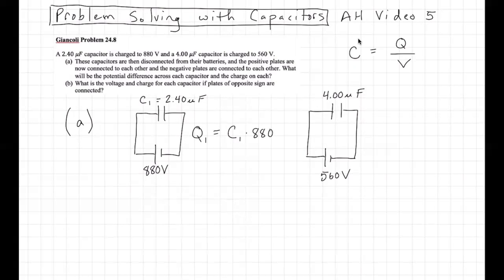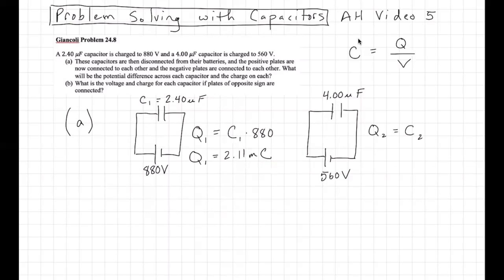And I think if you do that, you get 2.11 millicoulombs. So note here, the C here is a unit, the Coulomb unit, not another capacitor, which is a little bit confusing, but those are the units we got. So in the next one, I can get the charge on the second capacitor.